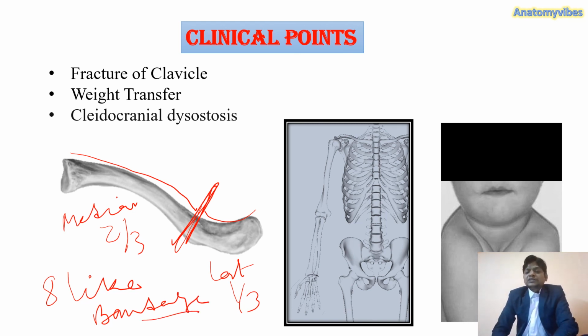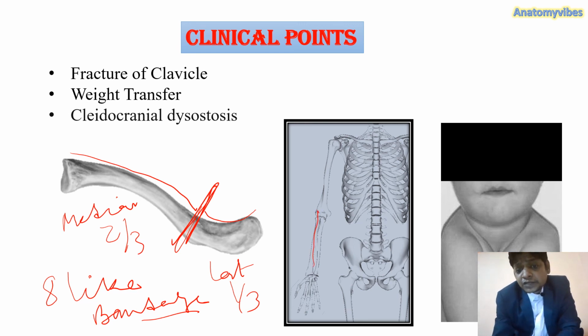Now coming to the second point, clavicle acts as a strut in between the axial skeleton and appendicular skeleton, so that our limb can move sideways without hindering our axis. So here you can see it helps in weight transfer also. From upper limb, weight will be transferred to humerus, and from humerus it will go to the scapula.